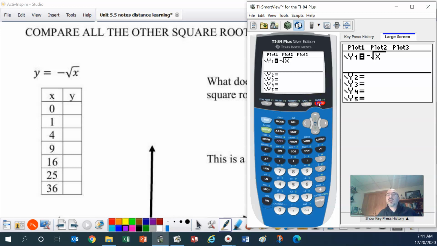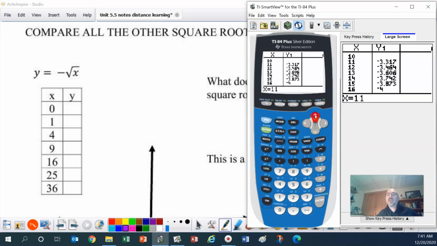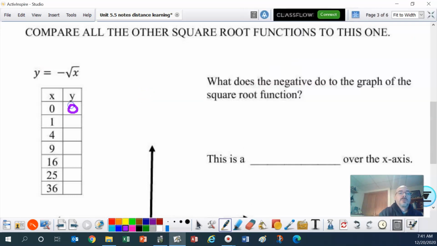First I'll go to the table, and I notice that now, when I take the square root and have that negative in front, everything is a negative except the 0, 0. Notice it's 1, negative 1. It's 4, negative 2, and so on. So this is going to be 0, negative 1, negative 2, negative 3, negative 4, negative 5, and negative 6.